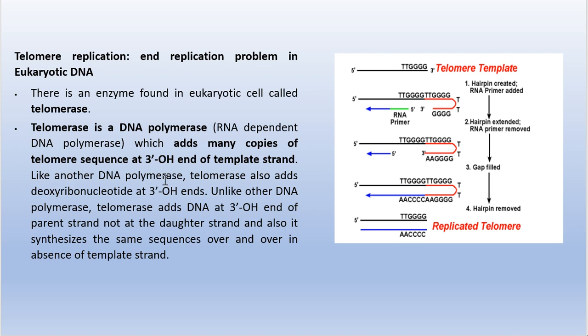Like other DNA polymerases, telomerase also adds deoxyribonucleotides at 3' OH ends. Unlike other polymerases, telomerase adds DNA at the 3' OH end of the parent strand, not the daughter strand. And it also synthesizes the same sequence over and over, in the absence of a template strand.